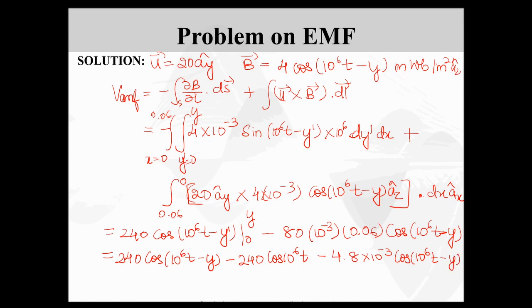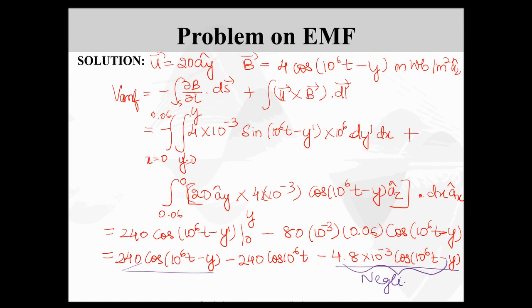So in this case, you can see clearly that these two terms have a common factor, that is cos 10 power 6 t minus y, but the coefficient of this cos function, one is 240, the other one is 4.8 milli. So this particular part is negligible.